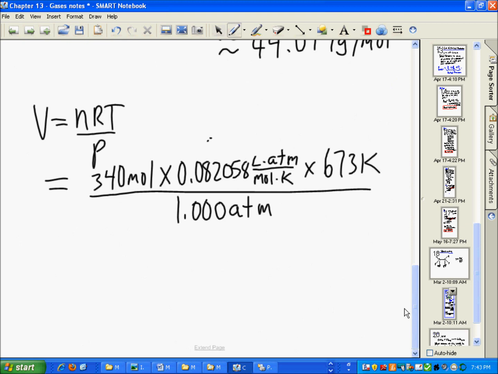Checking our units, moles cancel, atms cancel, kelvins cancel, leaving us with liters.